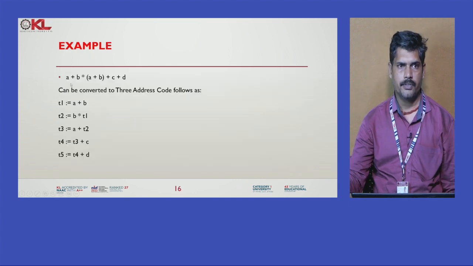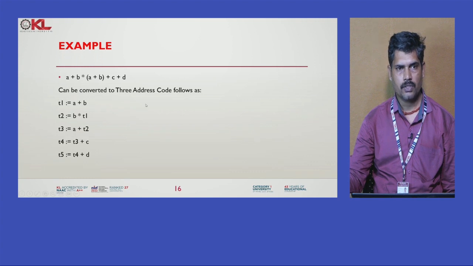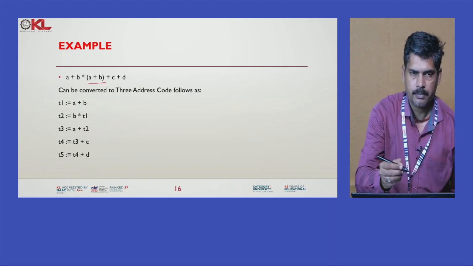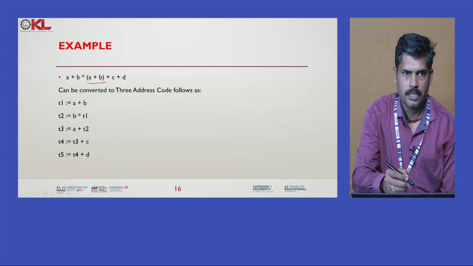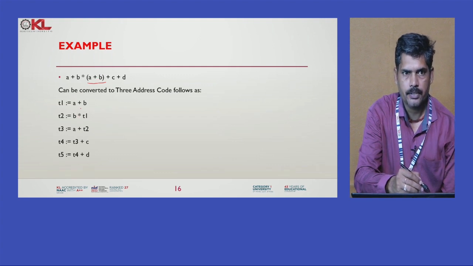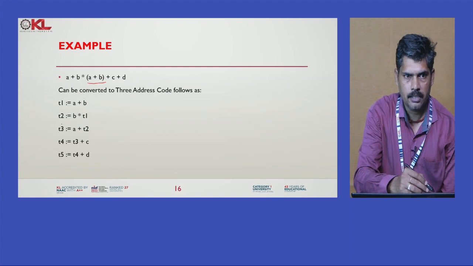For example, take the expression a plus b into a plus b plus c plus d, which can be converted to 3 address code as follows. In this expression, a plus b we first treat as t1, and t1 multiplied by b we name as t2.